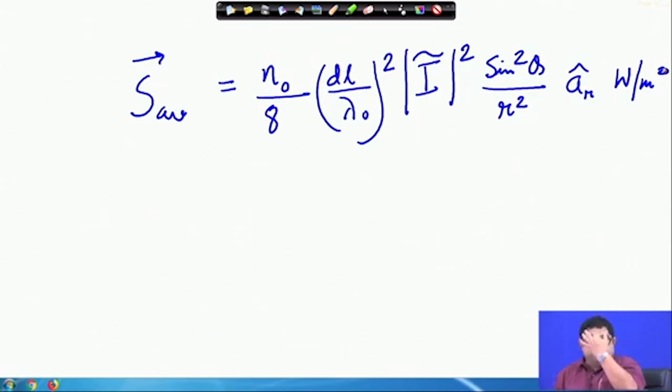So, the power flow, that means the radiation from this antenna, depends on the intrinsic impedance, you know, it is 377 ohm or 120 pi. So, in those terms it can also be said 15 pi etcetera. It depends on the size of the current element, infinitesimal dl by lambda naught.